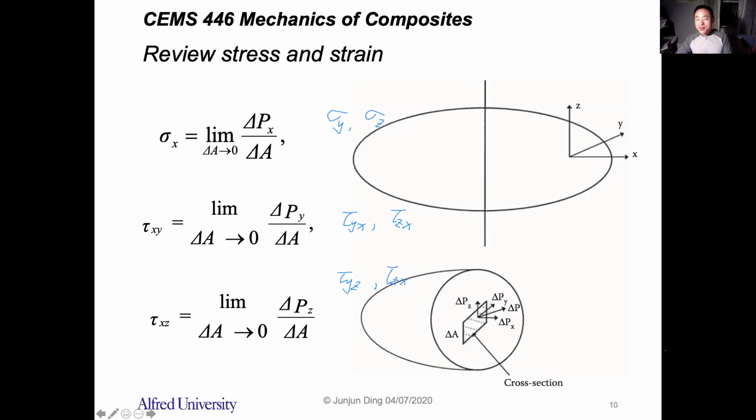Similar way. In that case, the delta A, this areal plane, will change, right? The delta A here is perpendicular to the x-axis direction. So the delta A here should be perpendicular to the y-axis direction, right?